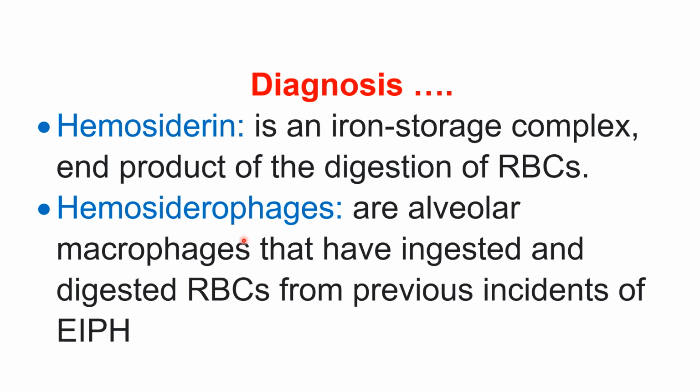So what are hemosiderophages? They have ingested and digested hemosiderin, and they are present in the alveoli, and they are the alveolar macrophages. These macrophages have ingested and digested RBCs from previous incidence of EIPH.